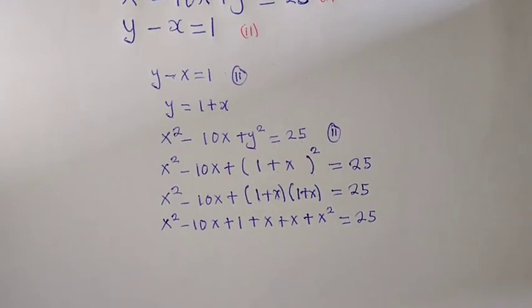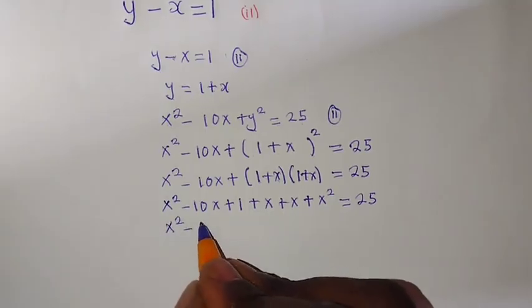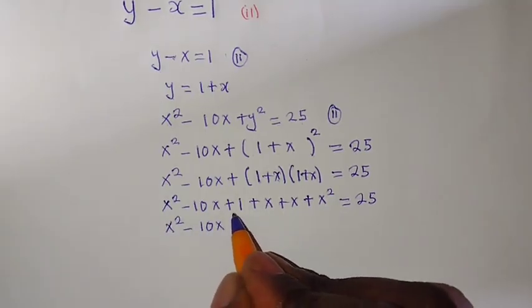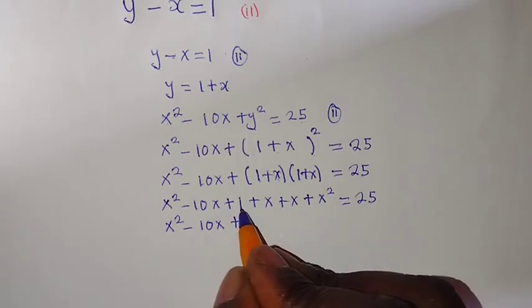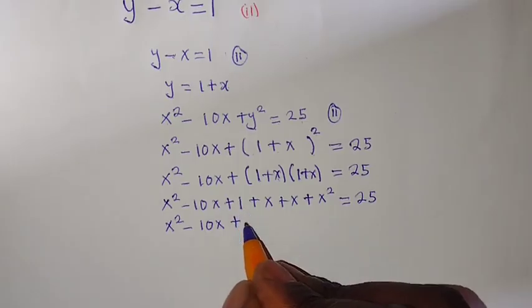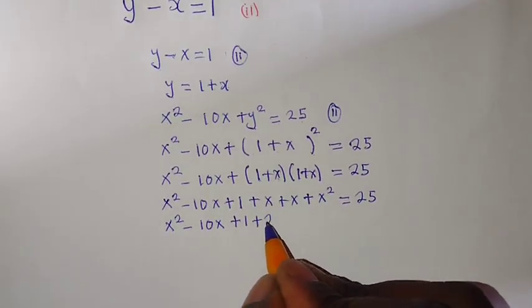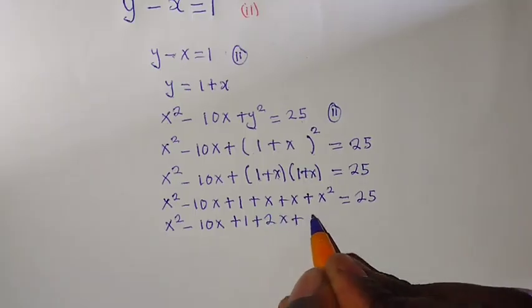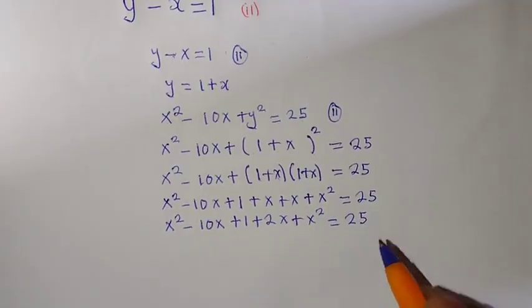From this stage, we are just going to simplify. We write x squared minus 10x plus 1, this gives us 2x, then plus x squared is equal to 25.